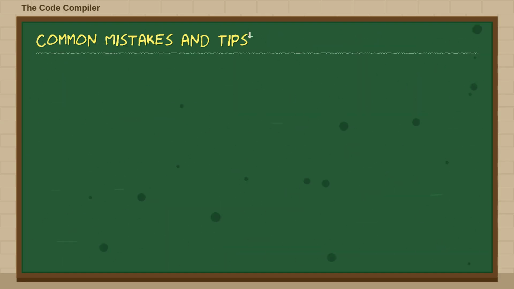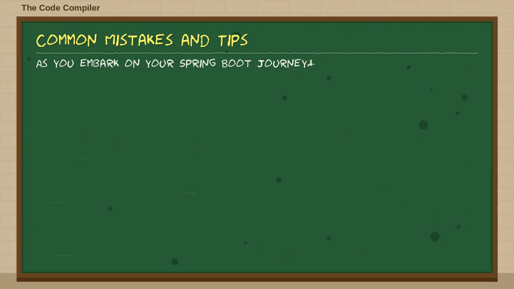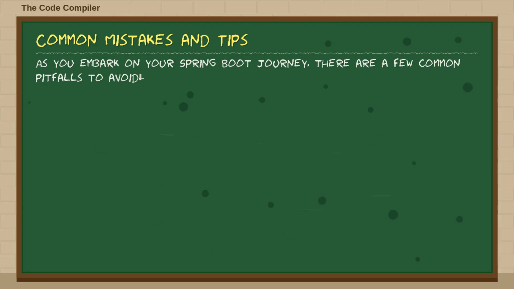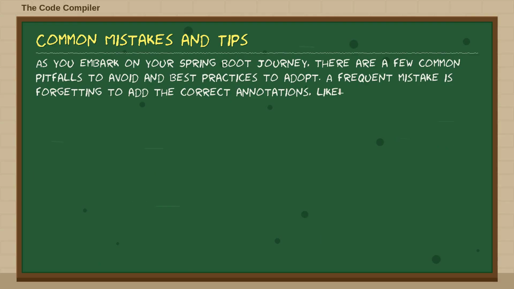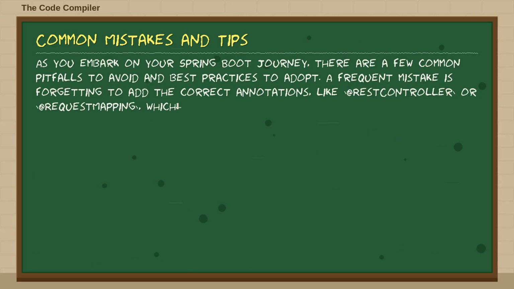As you embark on your Spring Boot journey, there are a few common pitfalls to avoid and best practices to adopt. A frequent mistake is forgetting to add the correct annotations, like @RestController or @RequestMapping, which can lead to your endpoints not being recognized.